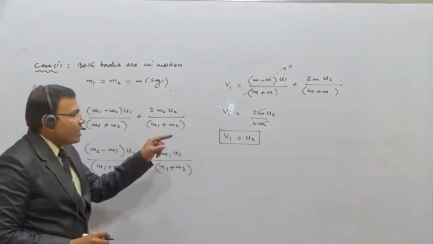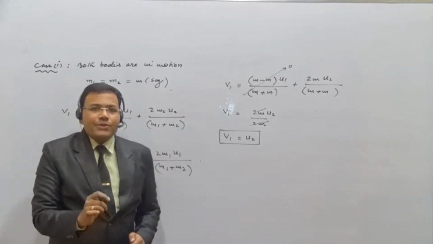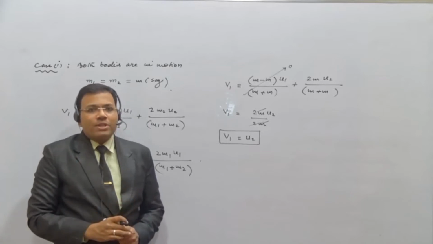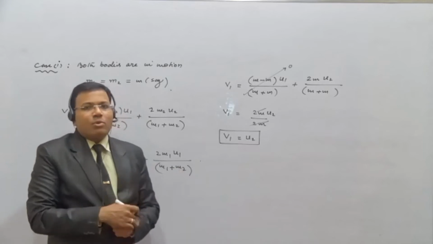Now what is v1 in the figure, just check the figure, v1 is the final velocity of the first body and u2 is the initial velocity of the second body.